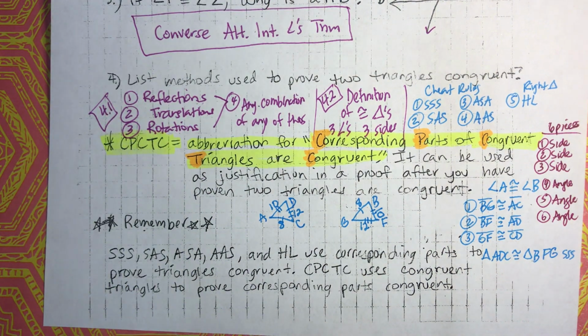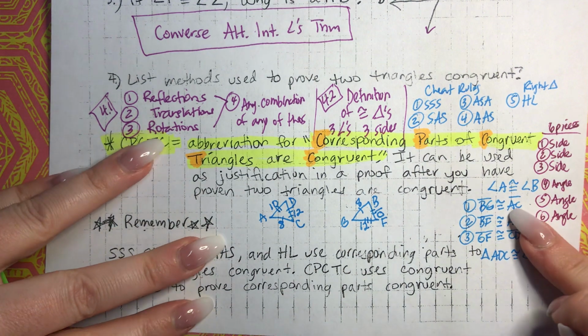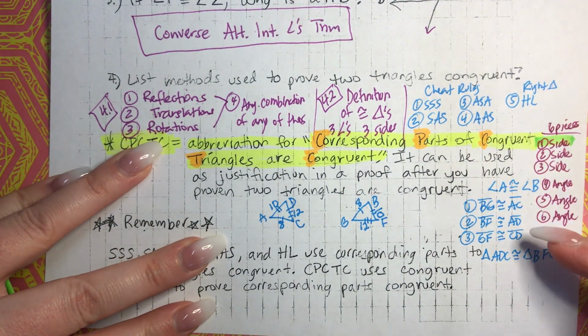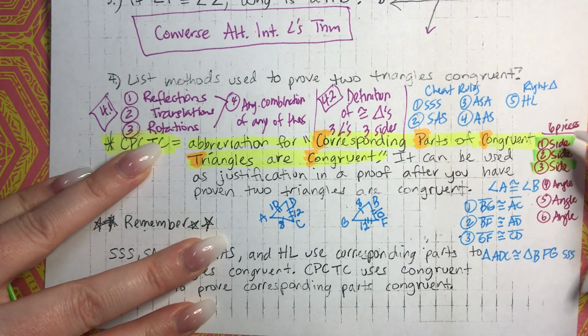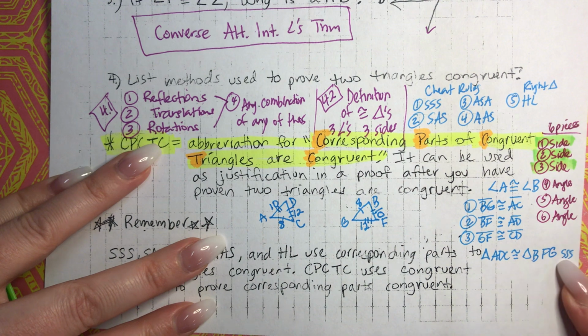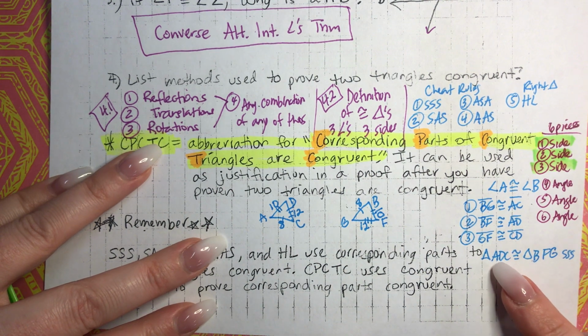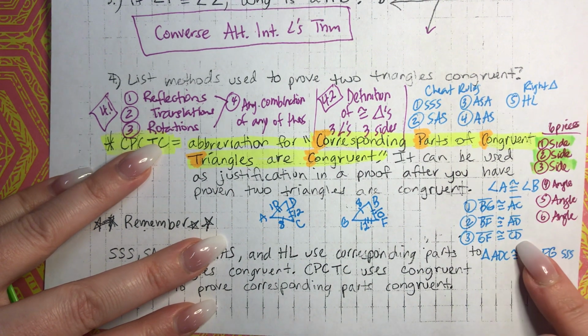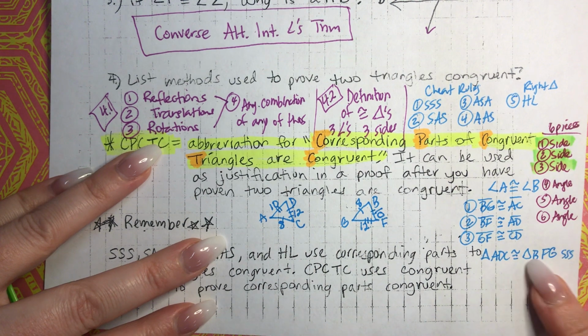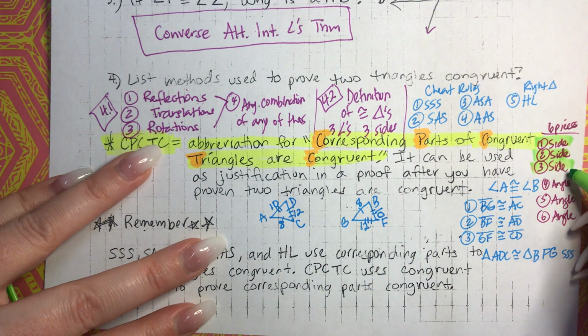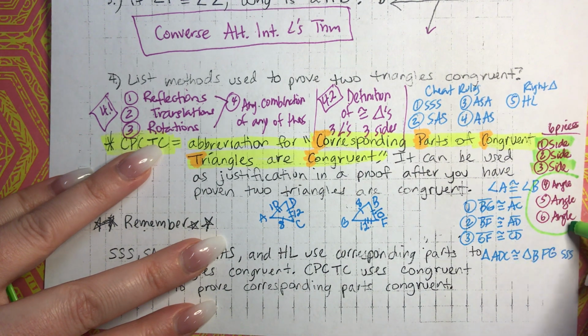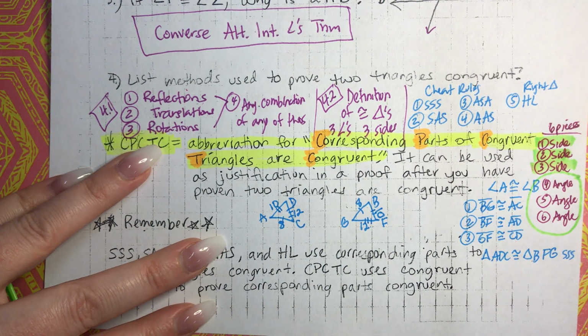So what did we do when we were solving this? Well, we determined that there was a side congruent, and another side that was congruent, and another, and that's how we were able to go side, side, side, right? However, once we write this statement and say, oh, because of side, side, side, these 2 triangles are congruent, that is like a key that unlocks the door to these corresponding angles.